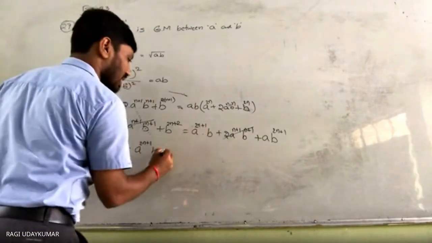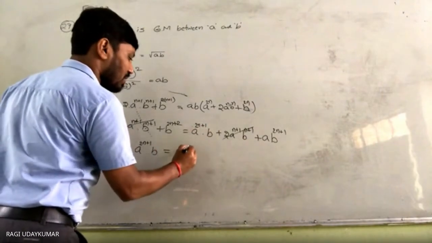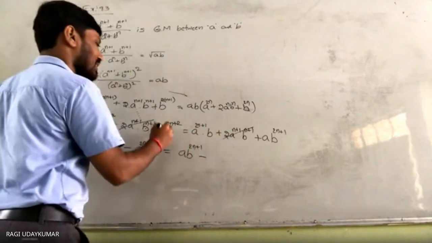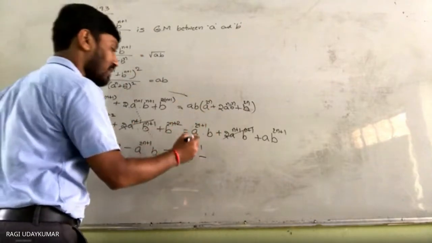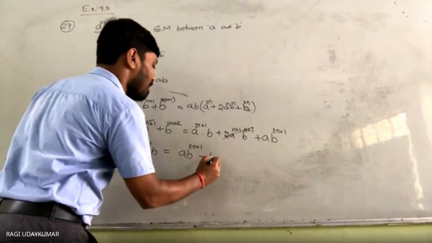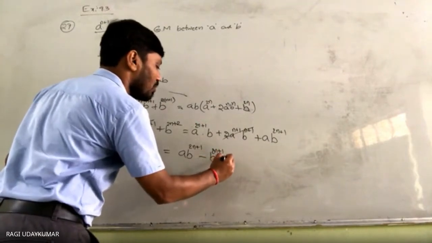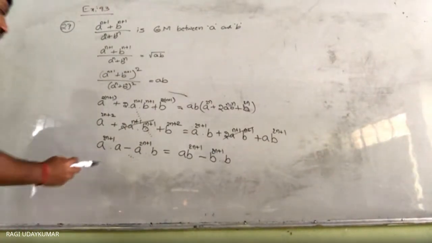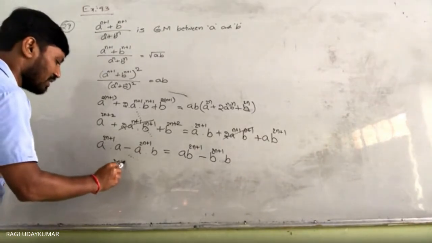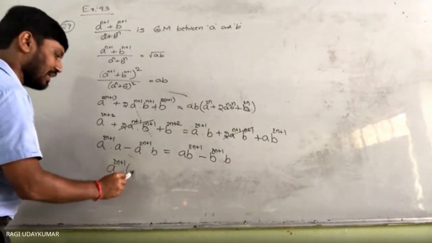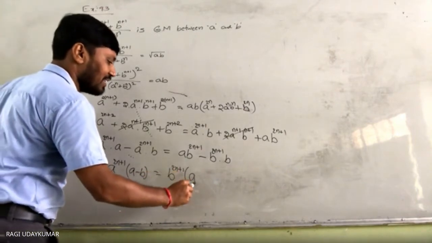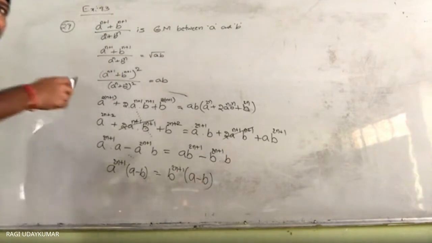I have taken this one here, equal to a into b^(2n+1), minus this term taken to the right side, and I am writing it as b^(2n+1) into b. So now a^(2n+1) is common, (a minus b). Here b^(2n+1) is common, (a minus b). The (a minus b) cancels.